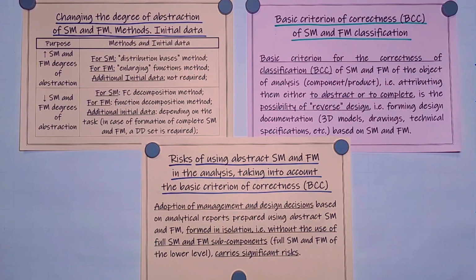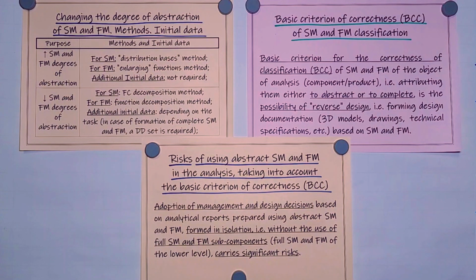In addition to the above 4 logical consequences formulated based on the results on the formation of structural and functional models of varying degrees of abstraction, a basic criterion of correctness, or BCC, of classification of structural and functional models can be formulated.